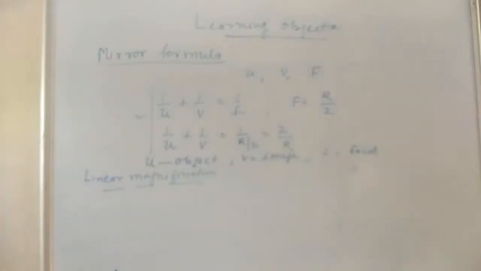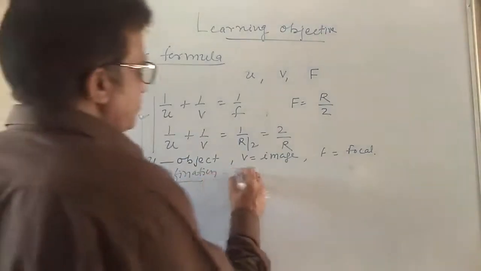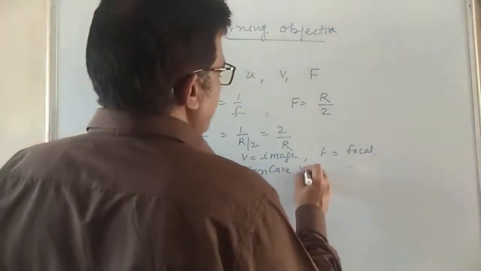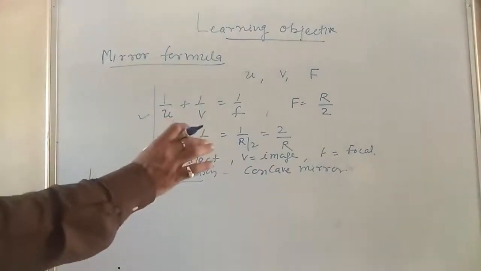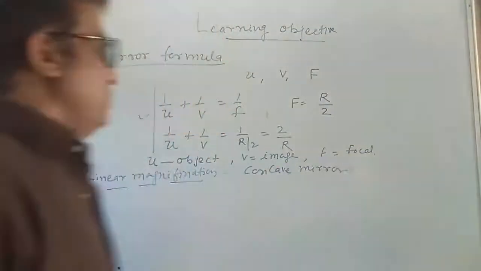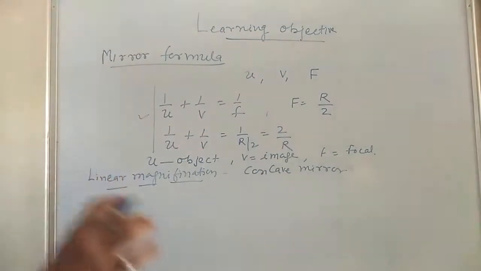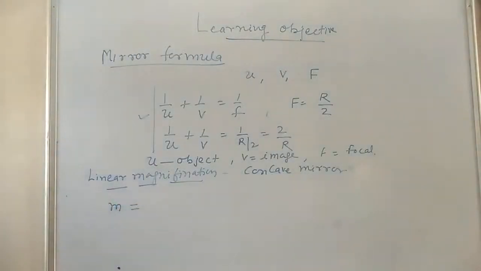The linear magnification produced by a concave mirror is defined as the ratio of the height of the image to the height of the object. Linear magnification is m.